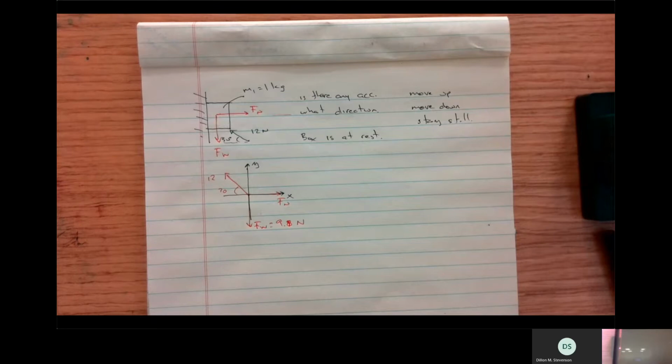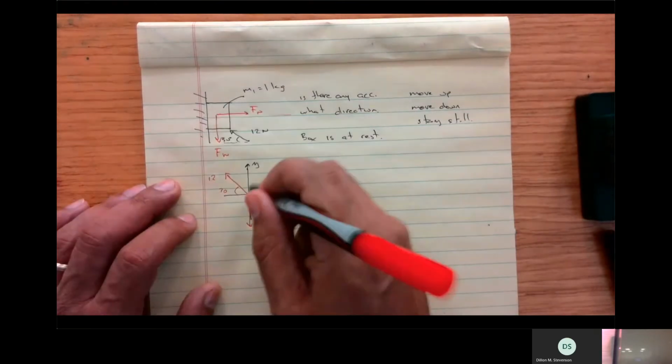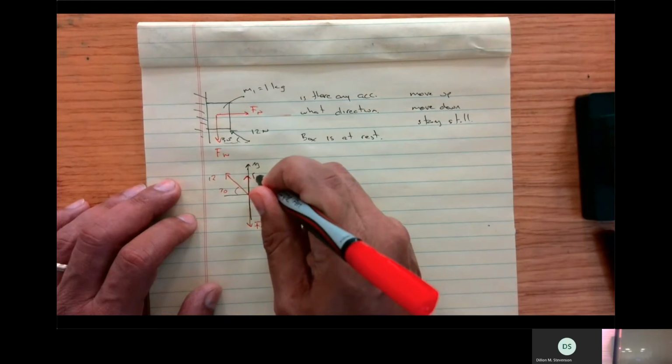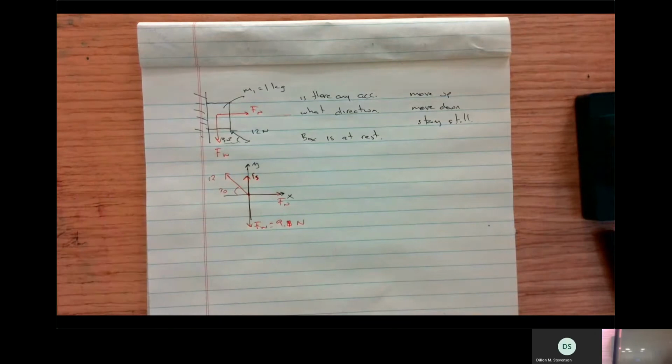So a positive friction force means that it's going to go like this. You can imagine that the box is actually trying to move down, but the friction force is opposing that. The only reason I'm picking that direction is to make my friction positive.